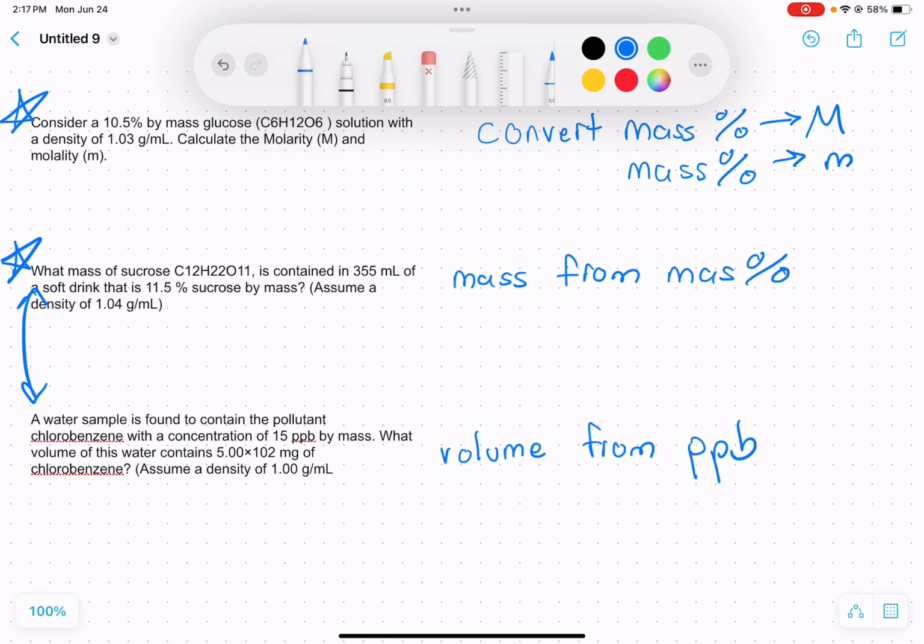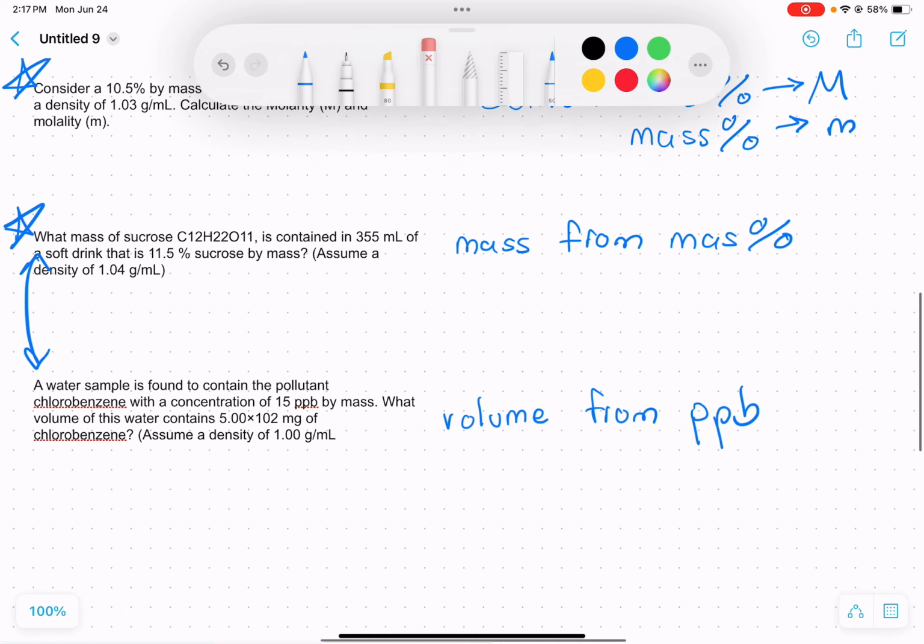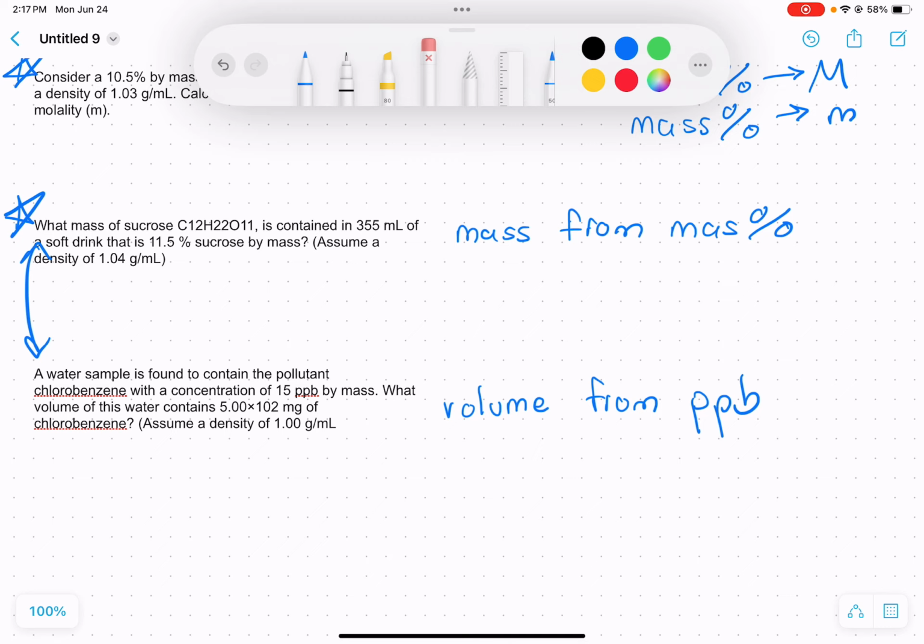So I'm going to start here because I think this is a little bit easier and it'll help introduce the one above. Okay, so what mass of sucrose is contained in 355 mils? So this is our volume of a soft drink that is 11.5% sucrose by mass, and it also gives us the density.